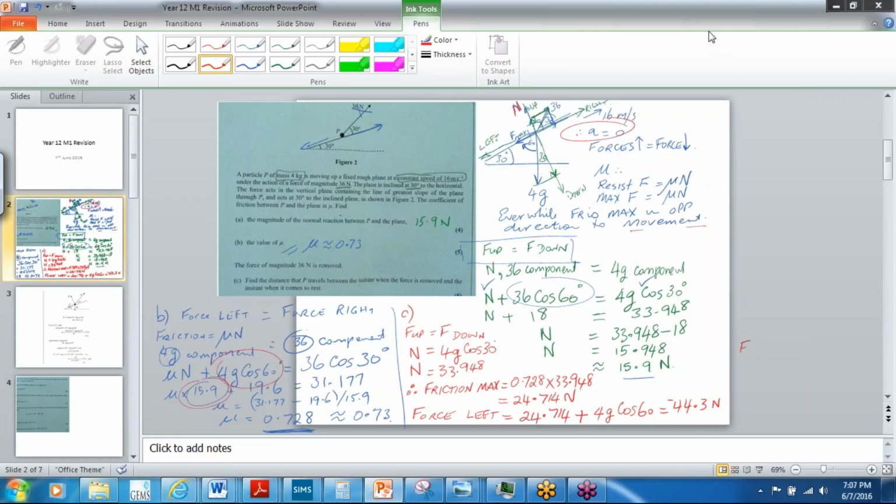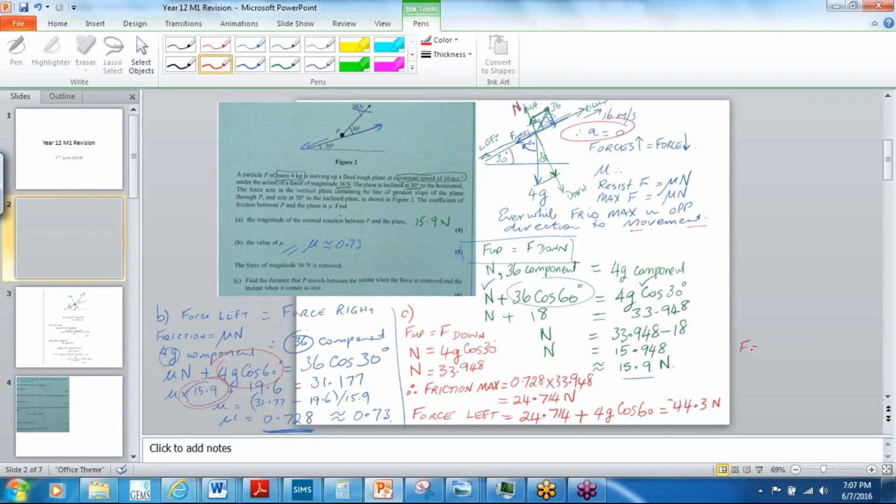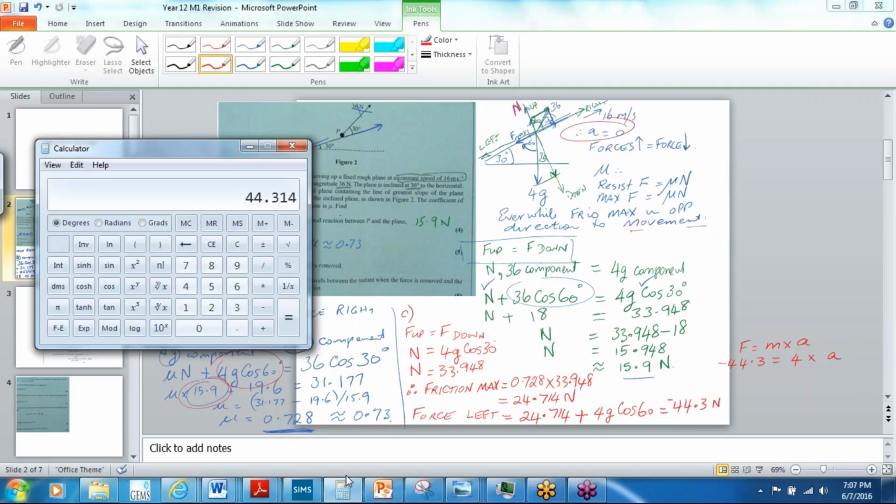Now force equals mass times acceleration. So we have a negative 44.3 Newton down the plane. We have a 4 kilogram mass, and we now can calculate the acceleration. Divide that by 4. Acceleration will be negative 11. Let's just call that 0.08.